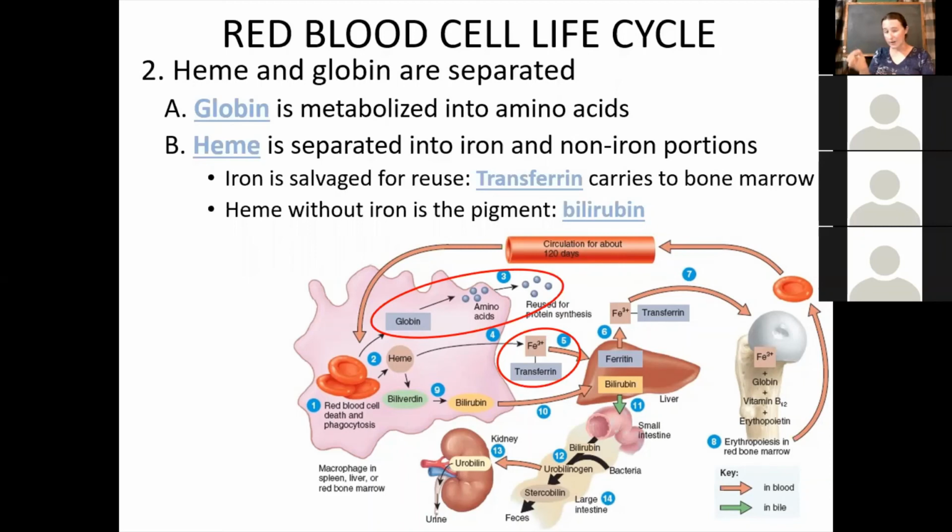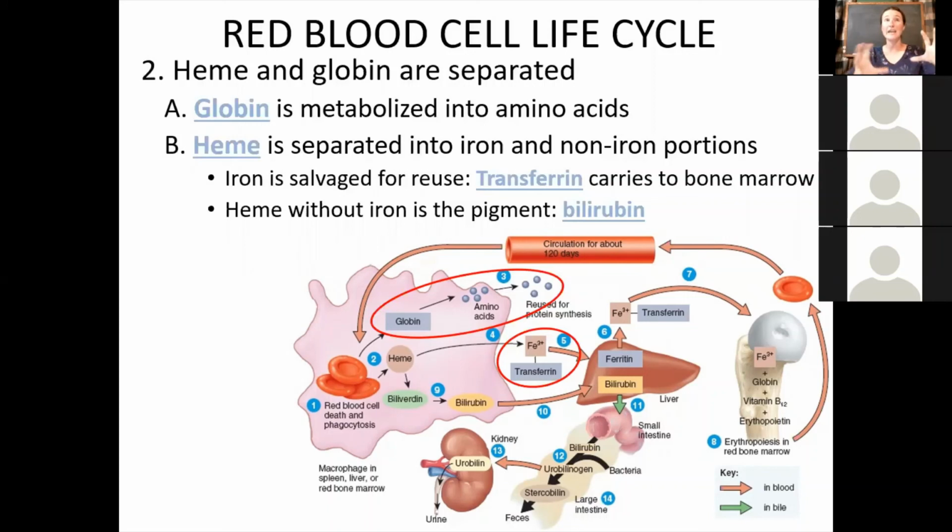Now, the iron, which of course is acquired through our diet, is not super abundant in our diet. We really need to reuse that as much as possible. And so we tack iron onto our friend transferrin, which transfers the iron back to the bone marrow, where it can ultimately be used in new hemoglobin.